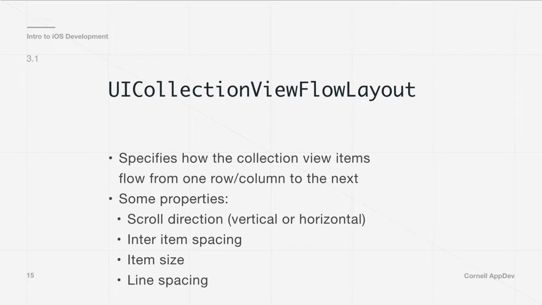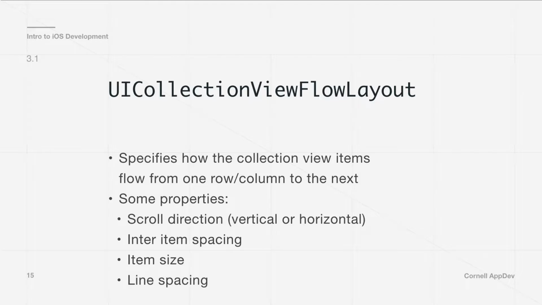Some properties that you can set are the scroll direction: do you want the collection view to scroll vertically or horizontally? The spacing between two items, which is the padding; the size, both width and height, of each cell; and the line spacing, which is the space between lines of your collection view. Does anyone have any questions about that?